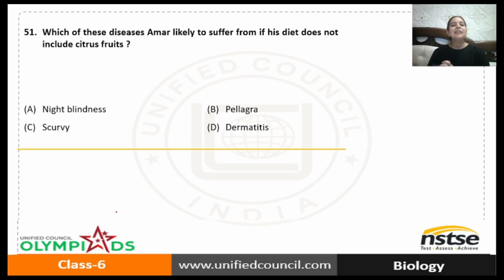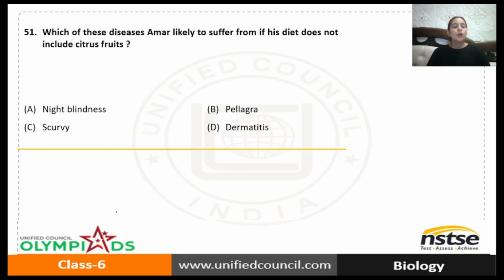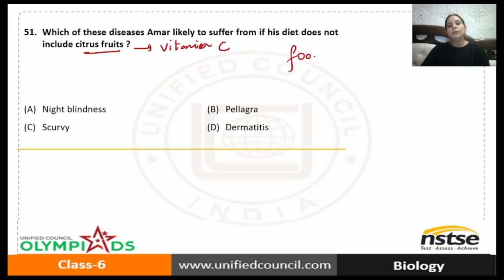Which of these diseases is he more likely to suffer from if his diet doesn't include citrus fruits? Option A says night blindness, pellagra, scurvy or dermatitis. Now let me tell you, citrus fruits are the source of vitamin C. We have already discussed that we all need food because food contains nutrients, and nutrients are energy-giving substances.